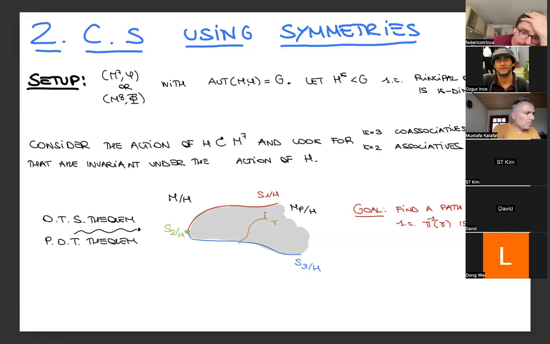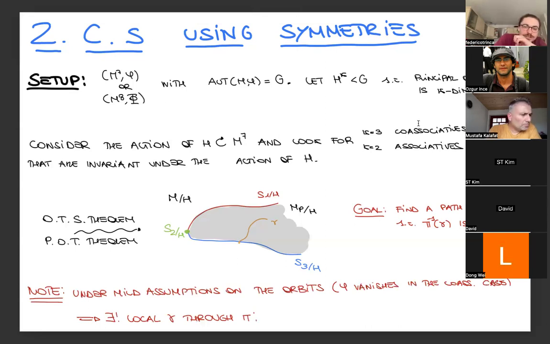So you're picking a point in the orbit space, the pullback of this point is an orbit, and we pick a path of orbits, and this is a k plus one dimensional submanifold, so it makes sense to try to look for calibrated submanifolds in this way.